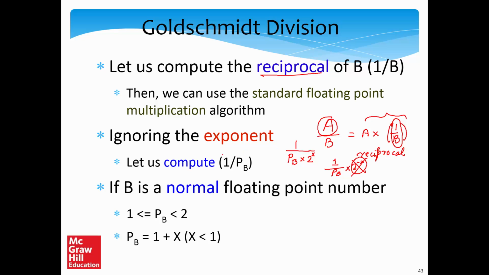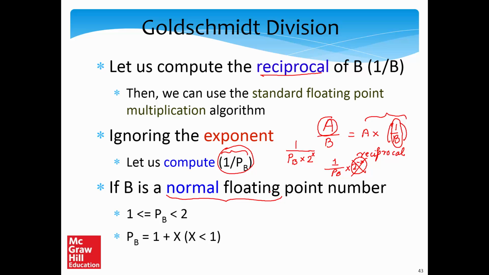I can just take the significand and try to compute 1 by PB, which is the core part of the operation. So let's first consider the case of a normal floating point number. Of course, if B is a denormal number, we can do something similar, but I will not discuss that in the interest of time. But a very easy extension can be done to handle denormal numbers as well.